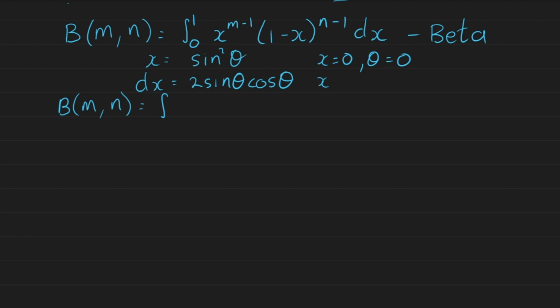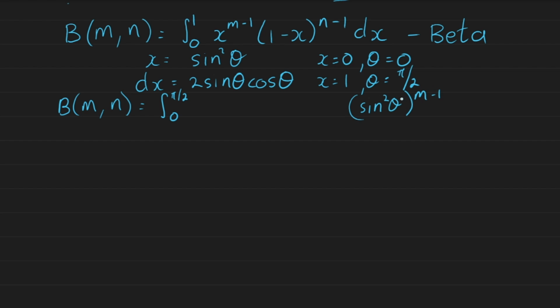In the same way, if x is equal to 1, we can only get 1 if theta is equal to pi over 2. So this integral goes from 0 to pi over 2. And now we have x to the power m minus 1, so it's actually sine squared theta raised to the power m minus 1.